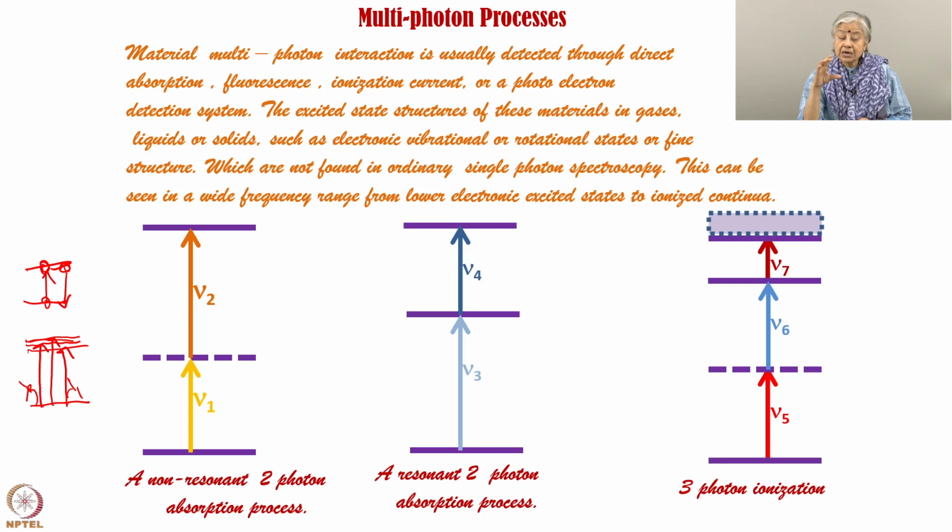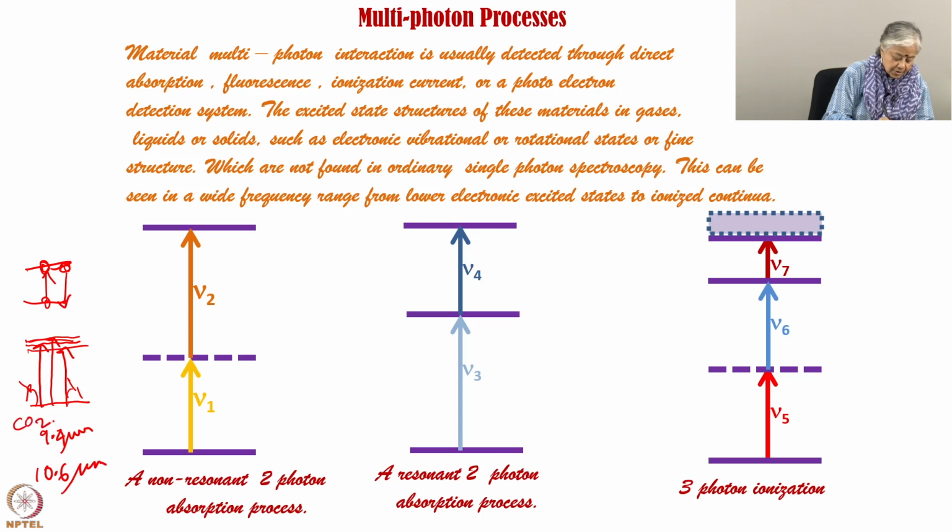You can get a carbon dioxide laser which you can tune in the wavelength bands of 9.4 micrometer or 10.6 micrometer. These are all carbon dioxide laser bands. There is a tuning range in the 9.4 micrometer range, and there is a tuning range in the 10.6 micrometer range.